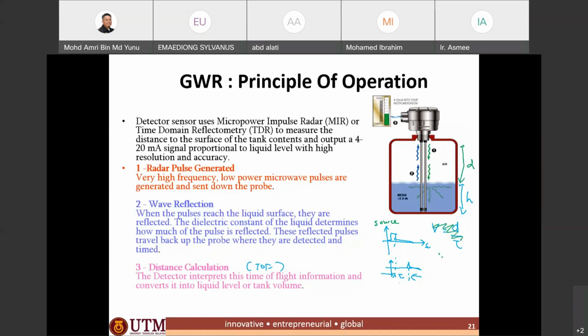So if we know the velocity and the delta tau, we can estimate the distance of travel. This is basically d over 2. So we can estimate h, which is basically the total height minus d over 2.